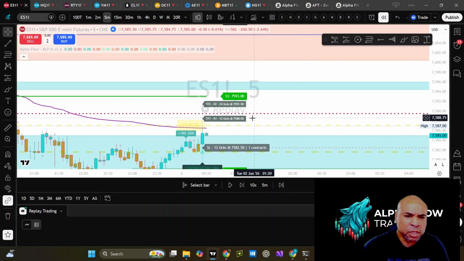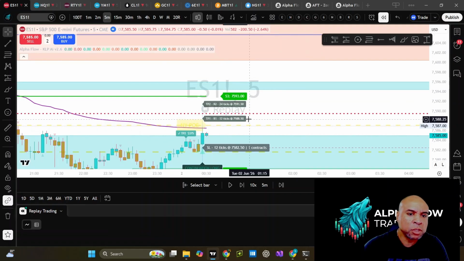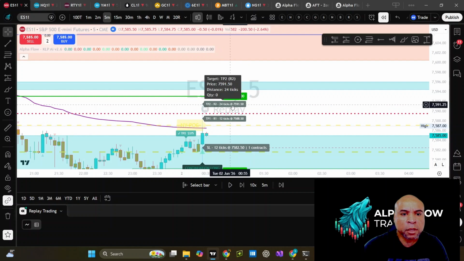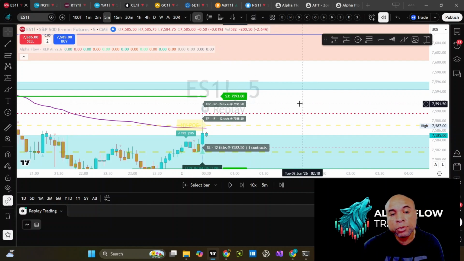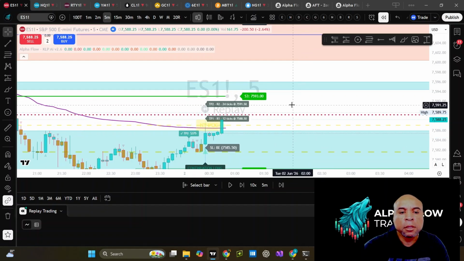And our TP is set at 75.88, 12 ticks away as well. That's a 1-to-1 TP1 target, and our TP2 is 24 ticks away, which would be a 1-to-2 TP target. So let's let that play out and see.